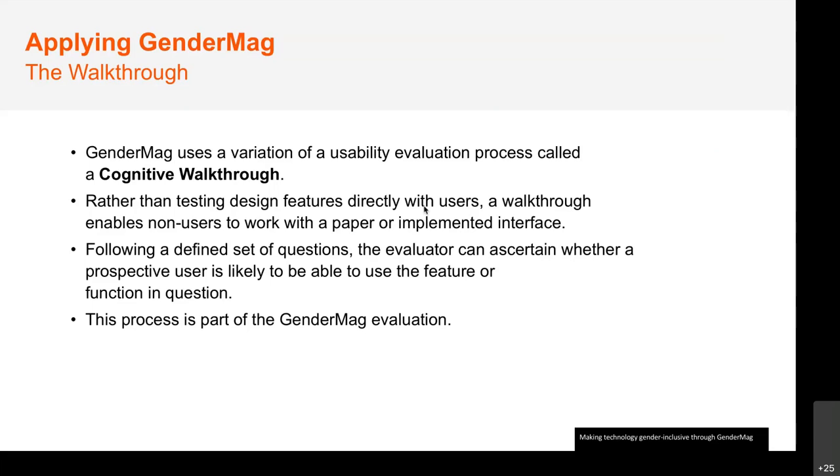So what we've done is we've taken a cognitive walkthrough and made it part of the GenderMag evaluation, but built our personas into this process. So I'll just explain how we do that.